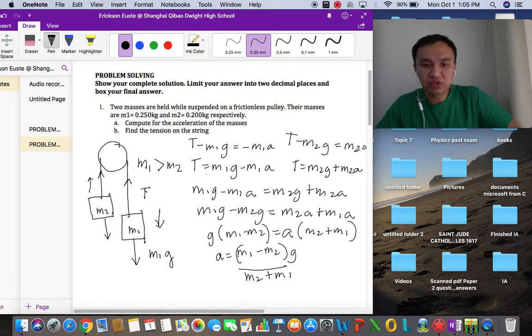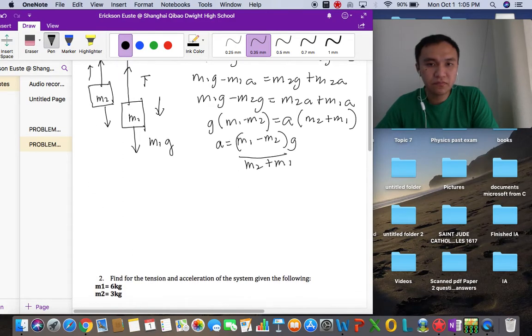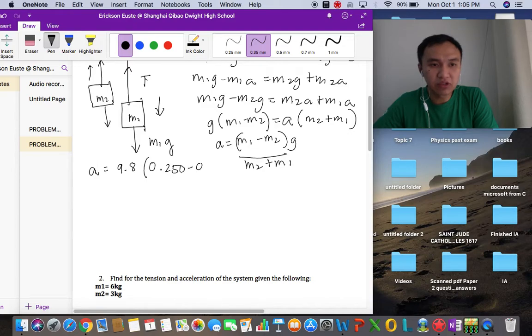Substituting the values, we can have the acceleration, which is equal to 9.8 times 0.250 minus 0.2 all over 0.2 plus 0.250.